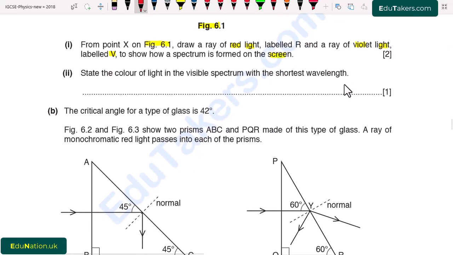Going towards the next part 2. State the color of the light in the visible spectrum with the shortest wavelength. So the shortest wavelength is for violet light because red has the longest wavelength.